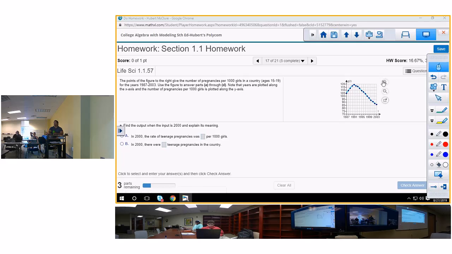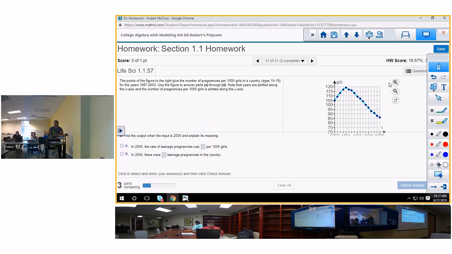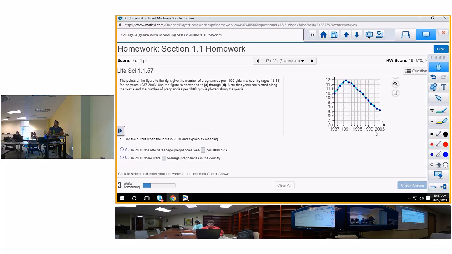You're going to have to blow it up a little bit. So 1, 2, 3, 4. So 2,000 is right there. 2,000 is going to be right at 90 to 95. I'd say probably 93 or 94. So, however they're asking this question, find the output when the input is 2,000.